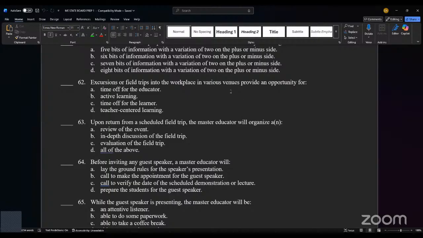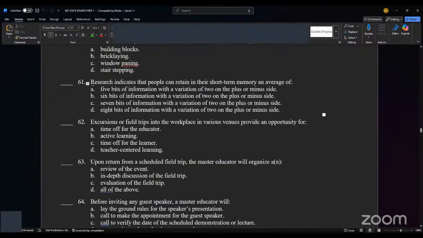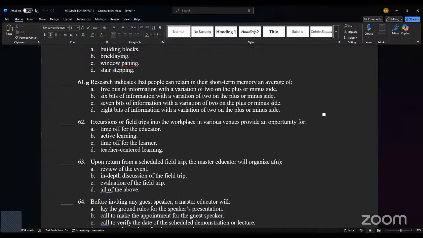All right. So let's look at 61. Picking up from yesterday, research indicates that people can retain in their short-term memory an average of 5 bits of information with a variation of 2 on the plus or minus side, 6 bits, or 7 bits, and also 8. 61 is going to come down to C: 7 bits of information with a variation of 2 on the plus or minus side.